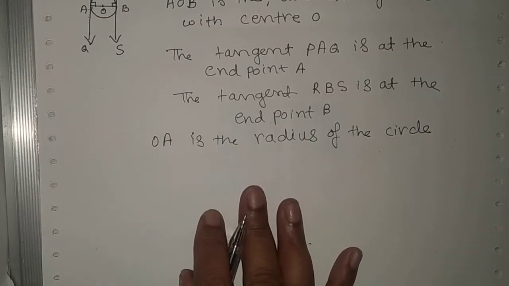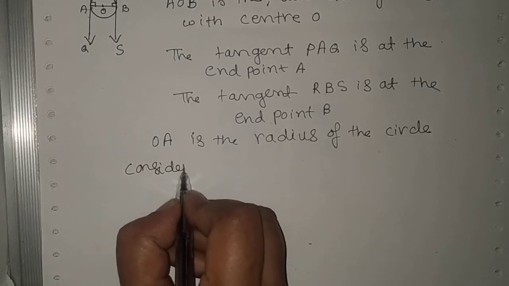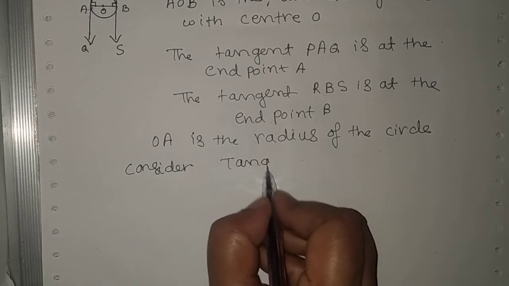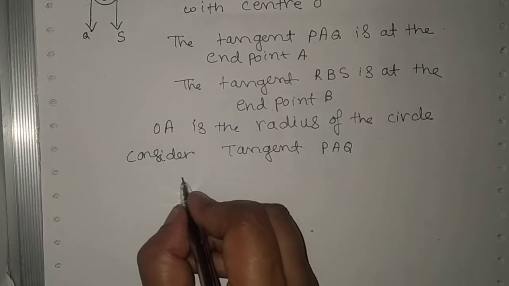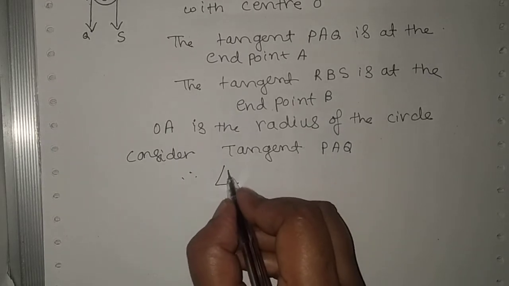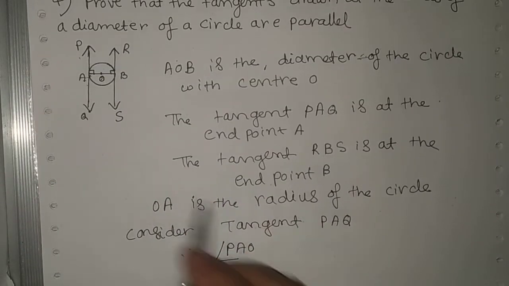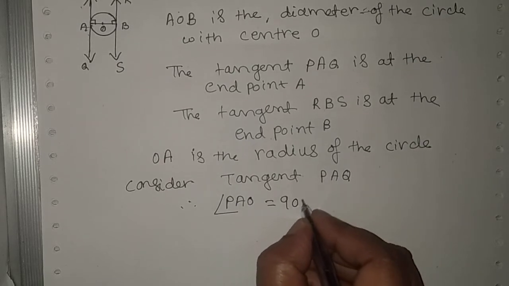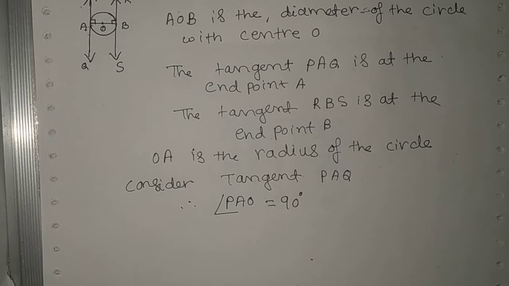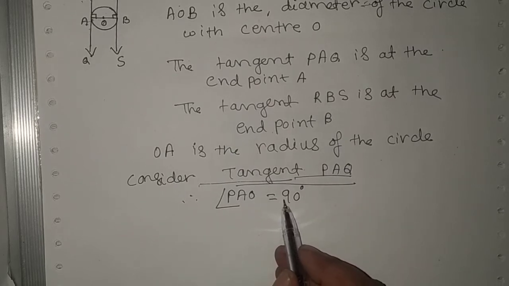Then so consider tangent PAQ, therefore angle PAO is equal to 90 degrees. So we take the first tangent, that is considering the tangent 1, that is PAQ, PAO is 90 degrees.